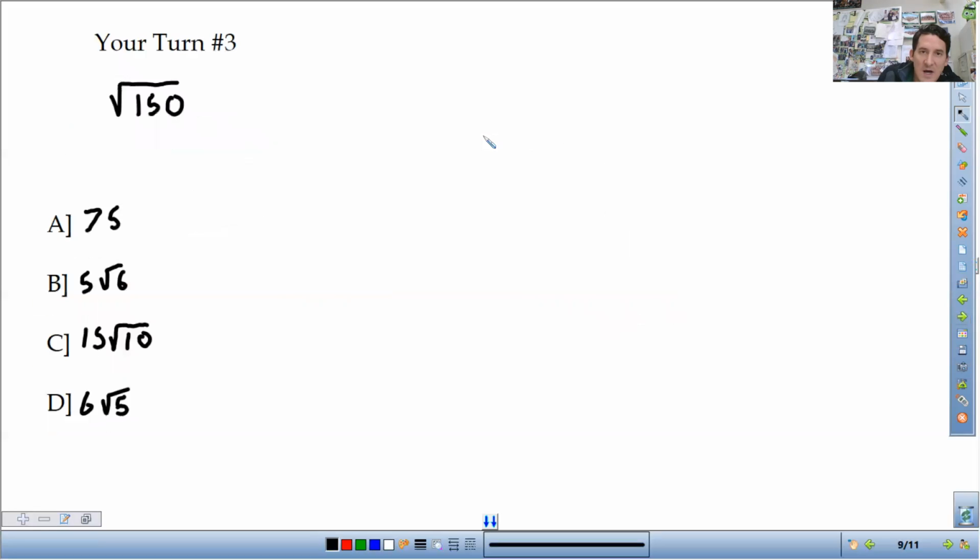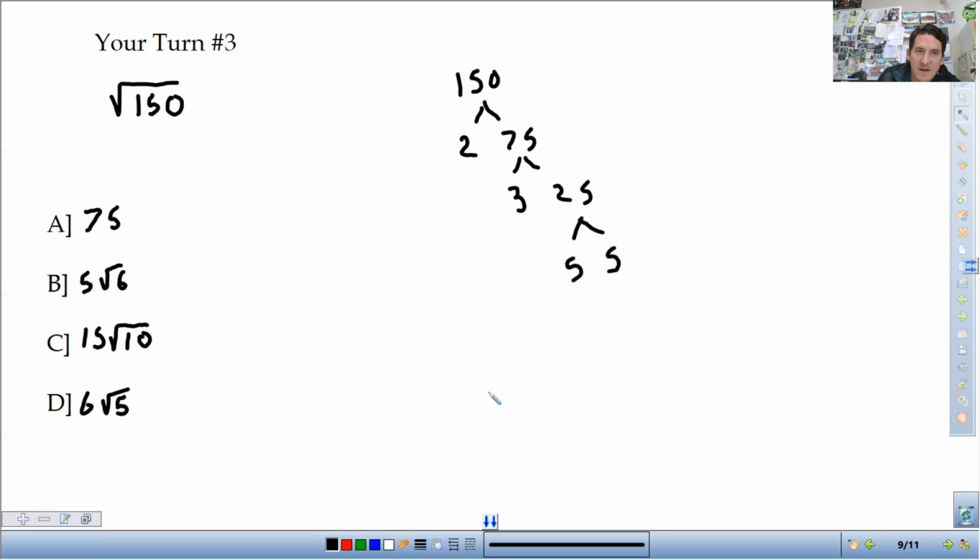Next example, 150. So 150, you get 2 and 75, 3 and 25, and then 5 and 5. Again, yours might look different, and that's okay. So it's going to be 2 times 3 times 5 times 5.